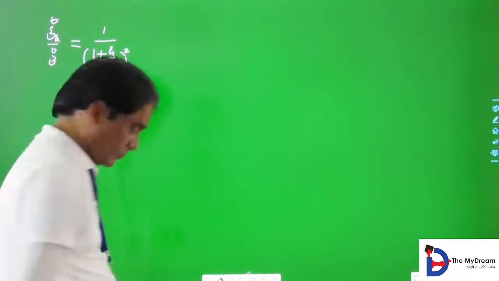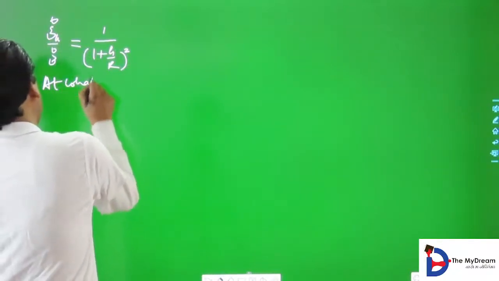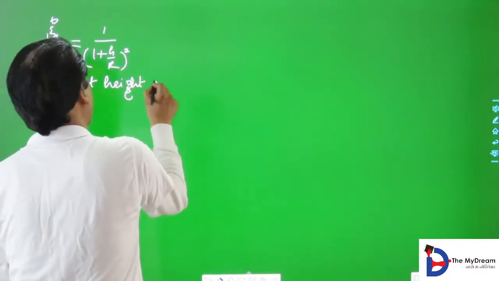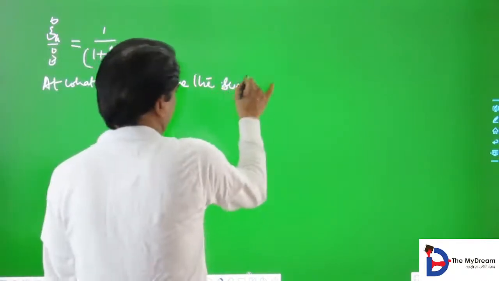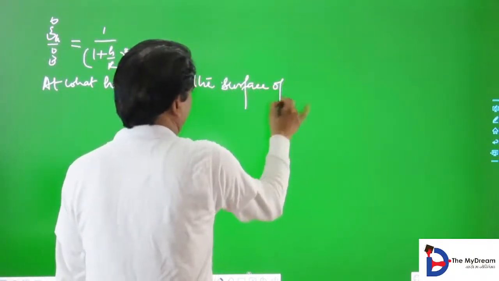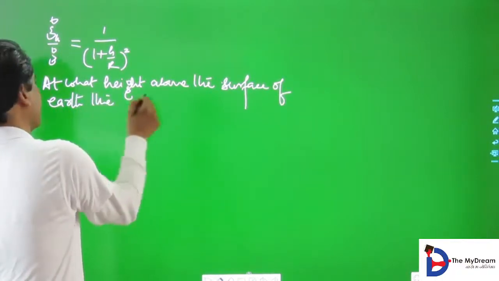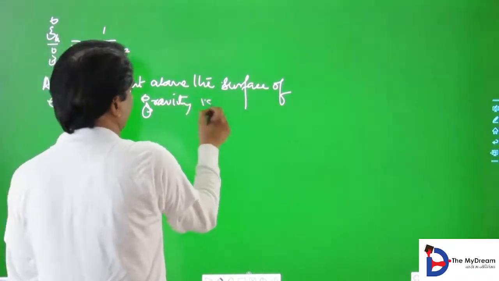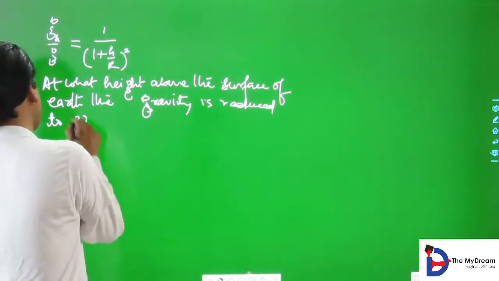Now, at what height above the surface of Earth is the gravity reduced to half?